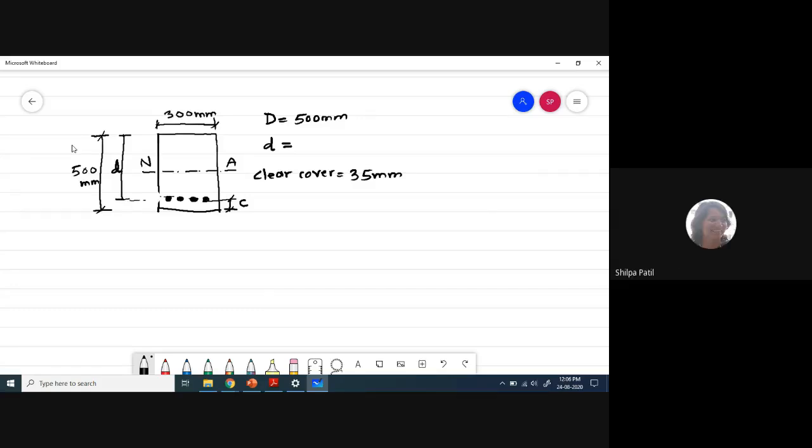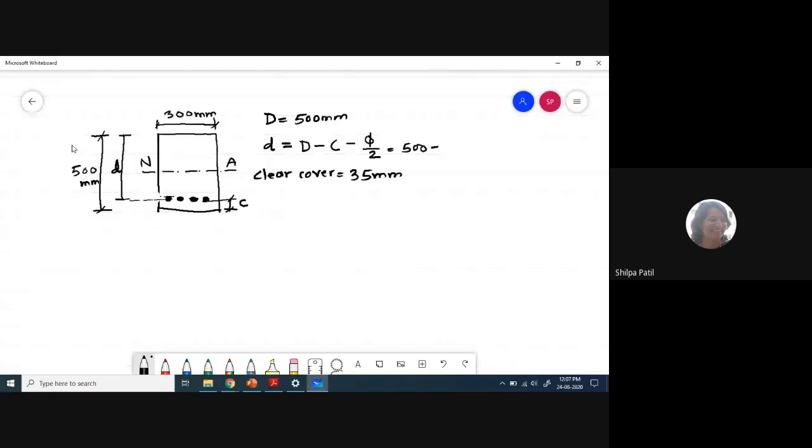Correct. So I have to consider half the diameter of the bar. So small d will be capital D minus cover C minus half the diameter. So it is 500 minus 35 minus, what is the diameter of the bar? 16. Yes, it is a 16 mm bar.